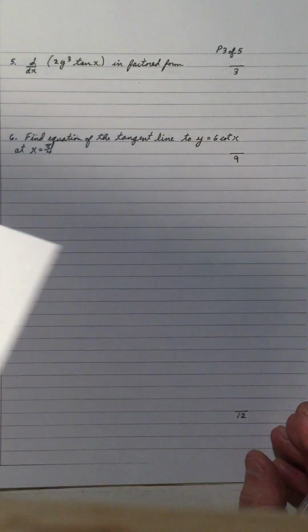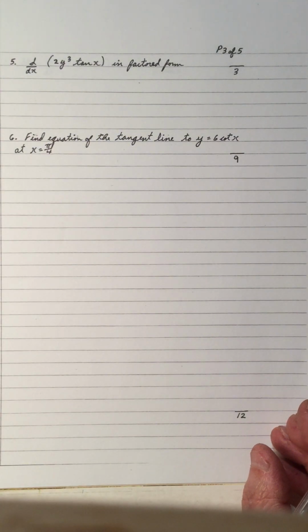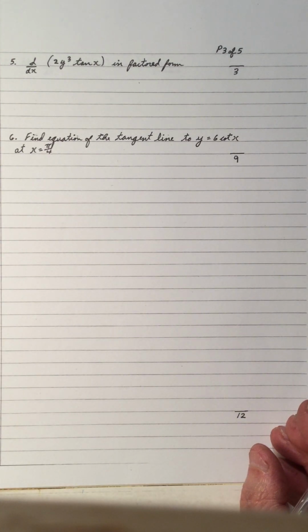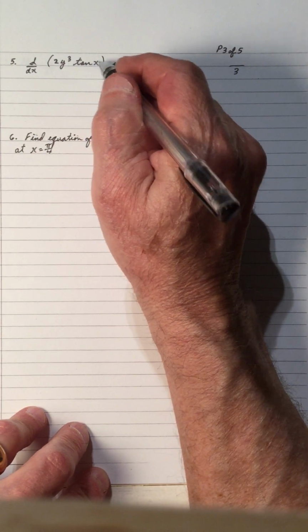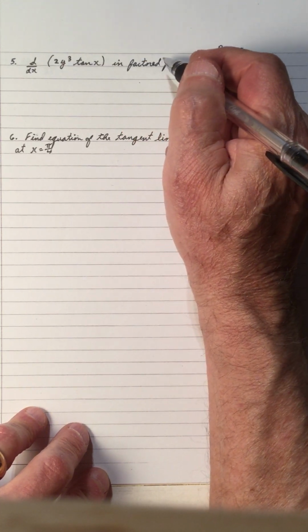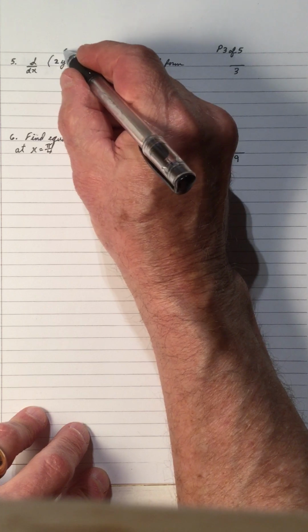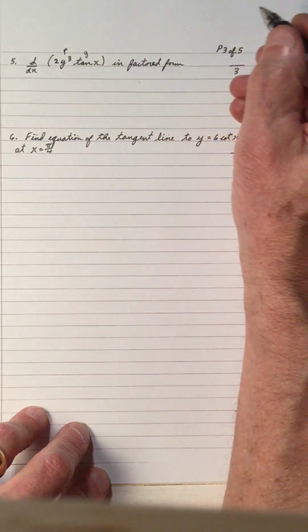Hopefully everything is going well. Number 5. Find the derivative d/dx of 2y cubed tan x in factored form. So d/dx is the derivative. This is the f and this is the g.